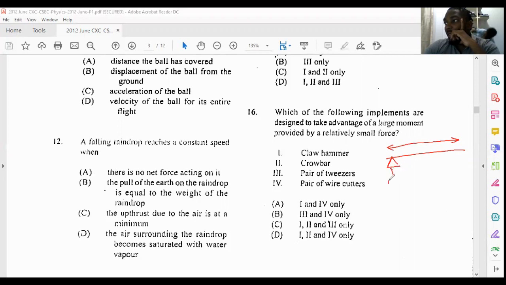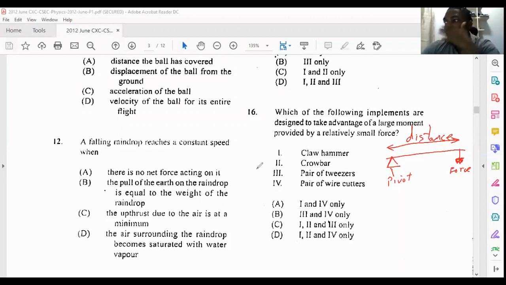So this is our pivot, our fulcrum, and the distance is what helps to make the moment large, given that we have a small force. So what type of mechanisms can we use in order for us to have a large moment using a small force? It means that the force must be applied a large distance away from where the pivot is.